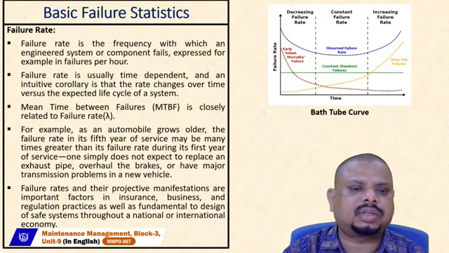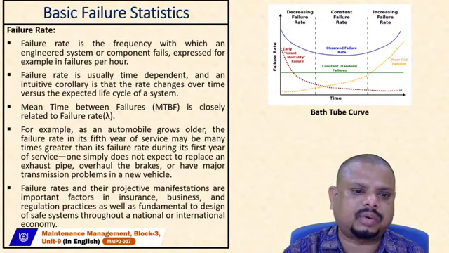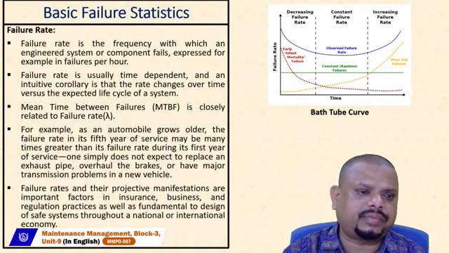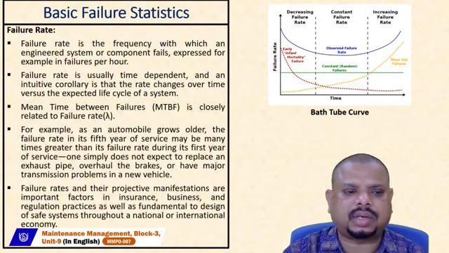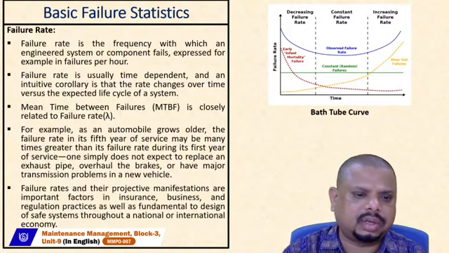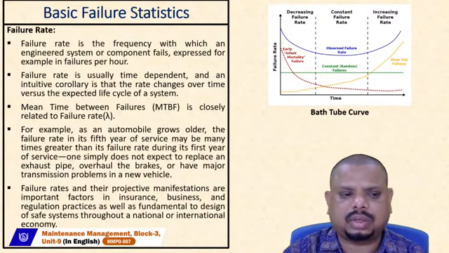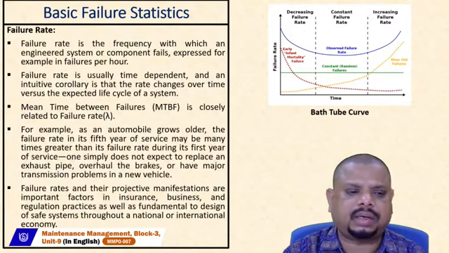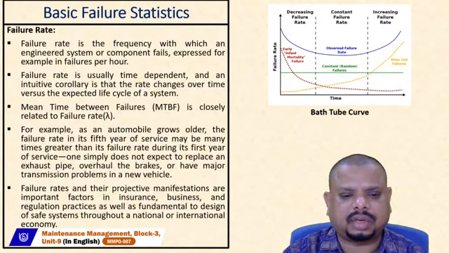That means the system consists of a large number of machines, equipment and tools. The failure rate, also related to the time between failures, is denoted as lambda. Let's take the example of an automobile. As automobiles grow older, the failure rate in the fifth year of service may be many times greater than the failure rate during the first year.